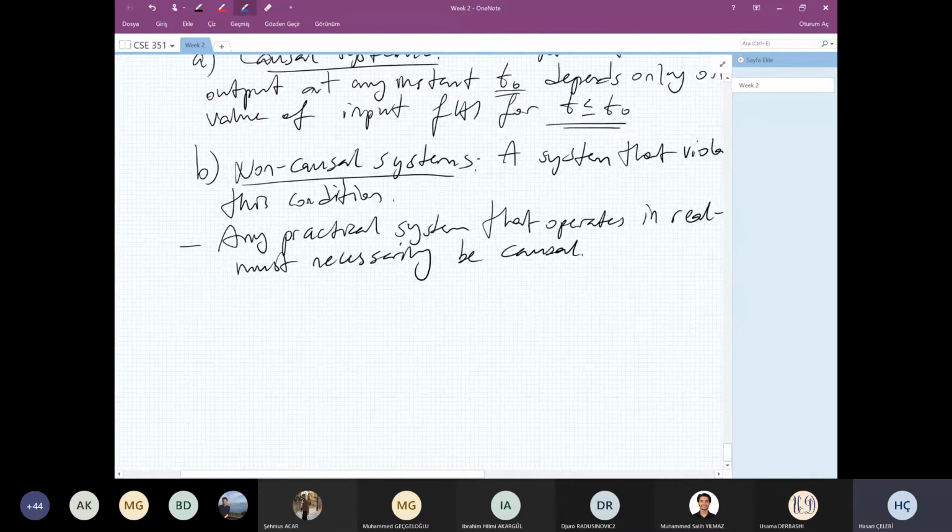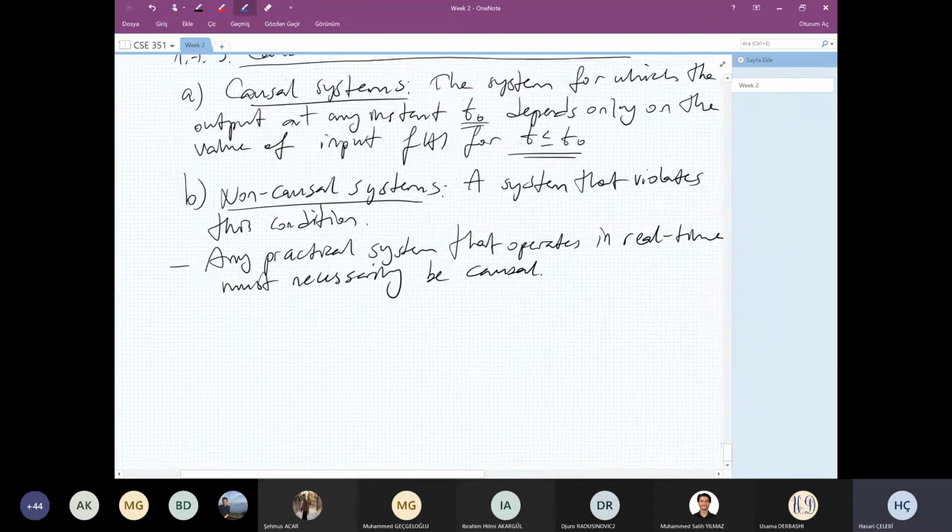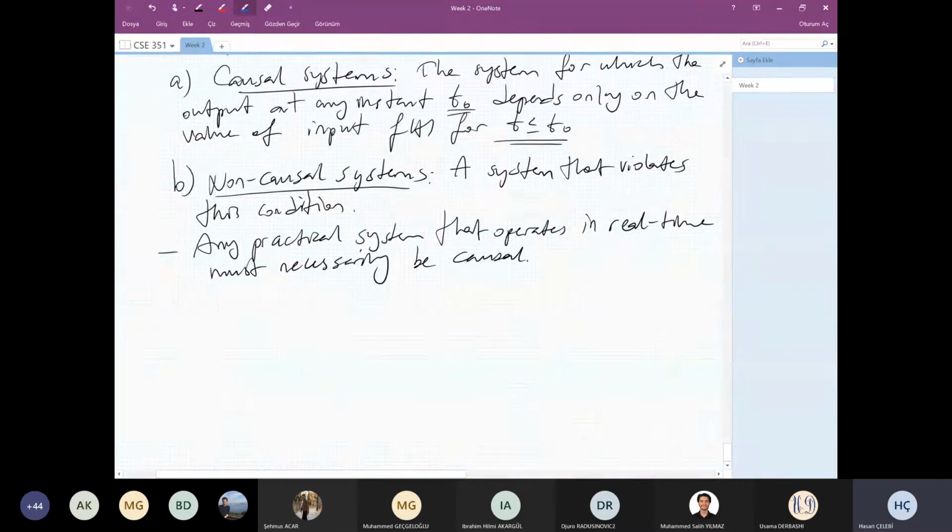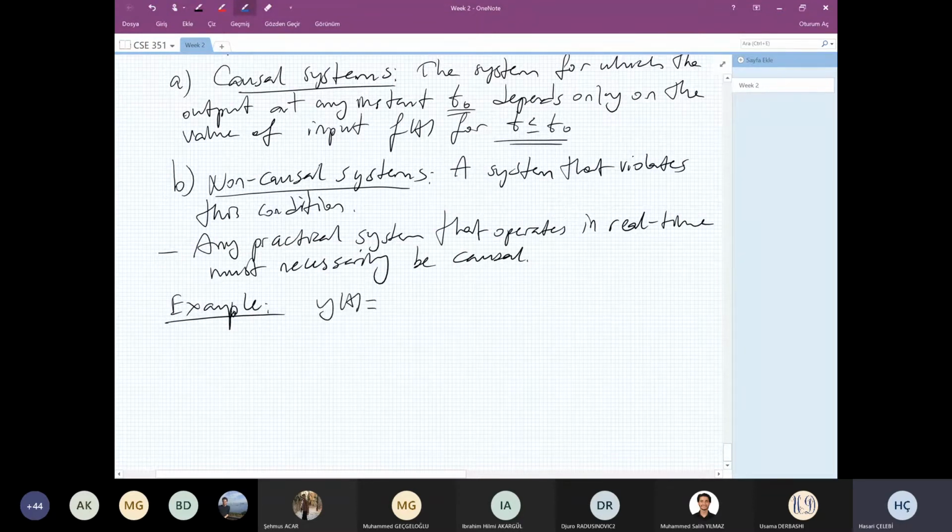Okay, let's give an example of how a causal system looks. Let's assume my system equation is given as follows. The output y of t is equal to f of t minus 2 plus f of t plus 2.